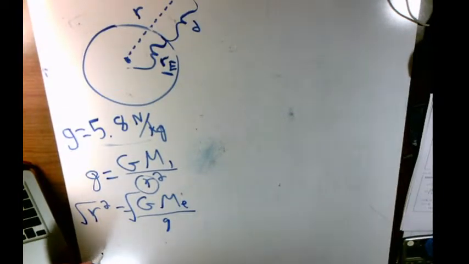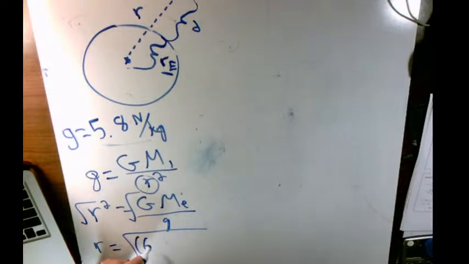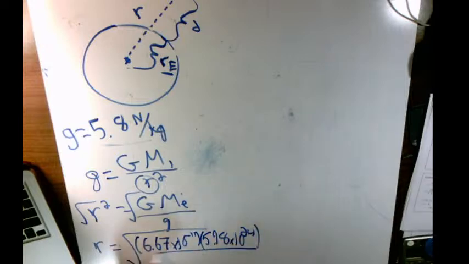So our radius, total distance from center to center, is going to be equal to the square root of our gravitational constant, 6.67 times 10 to the negative 11, the mass of the Earth on our data sheet, 5.98 times 10 to the 24, over our gravitational field strength in the question, 5.8.